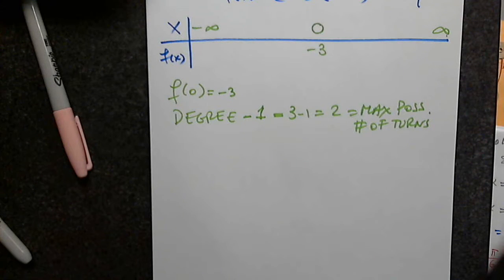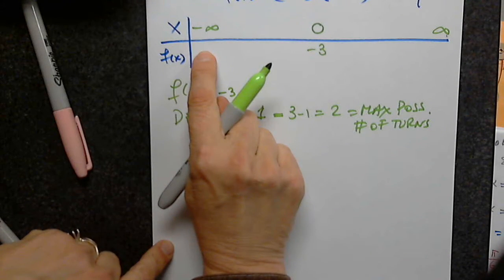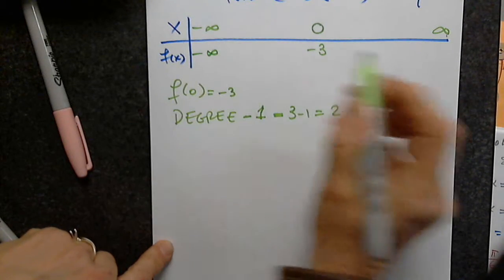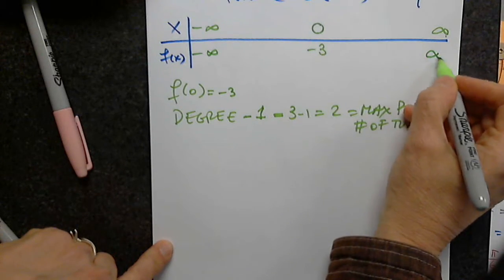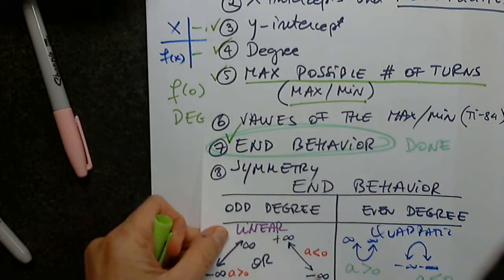How do I know? Because the leading coefficient is positive. So what will I write here? It's coming from negative infinity, and it's going to positive infinity, awesome. So I'm done with the end behavior.